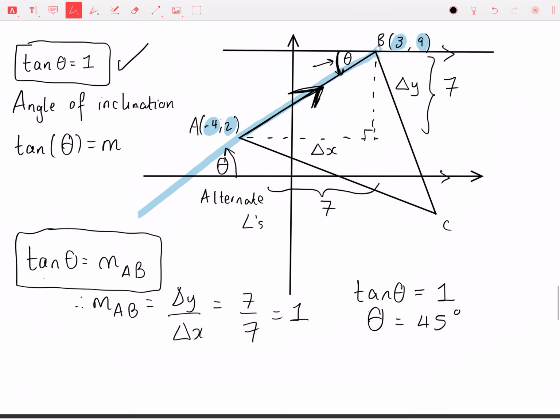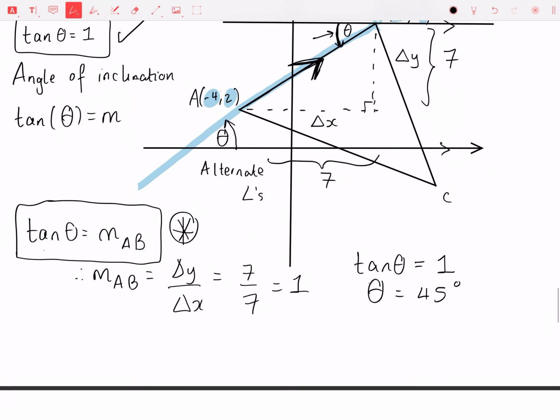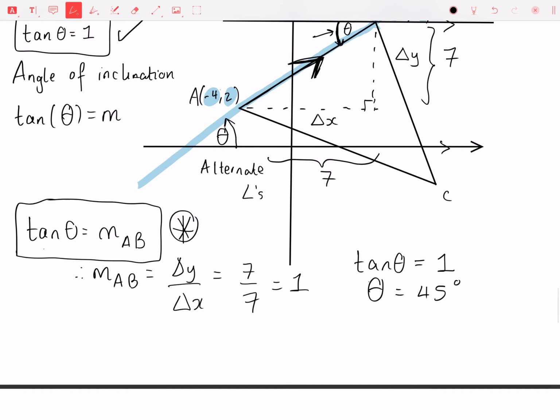Just as a quick addition, why do we actually use this formula here? Well, remember when you do tan of an angle, when you have your nice diagram here, let's call that theta. Let's call that point there (x, y). So then this distance here is y, that distance is x.